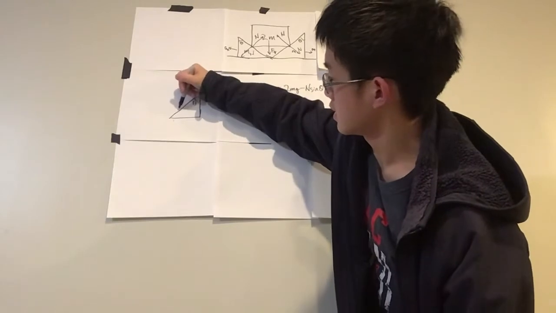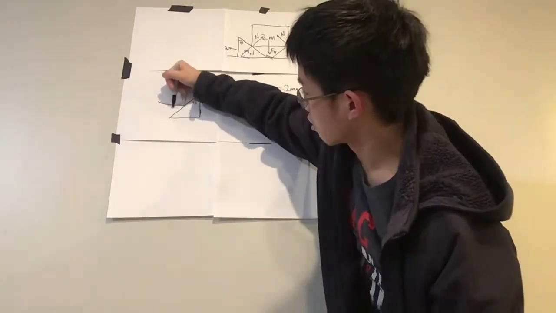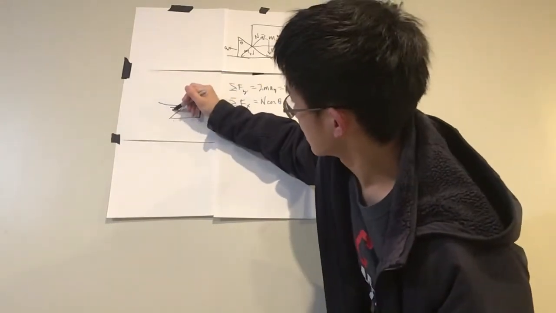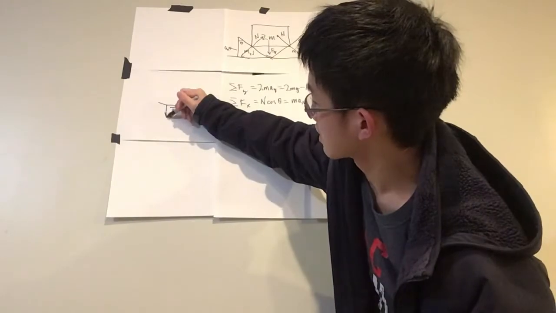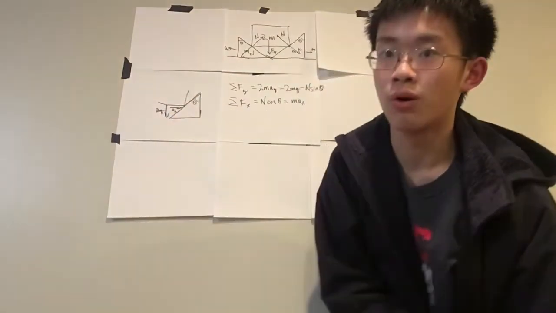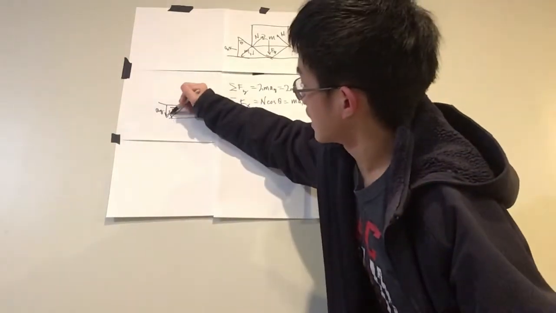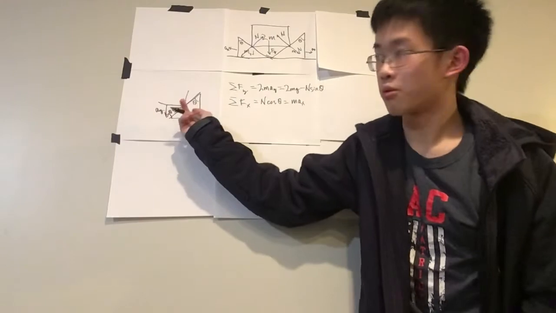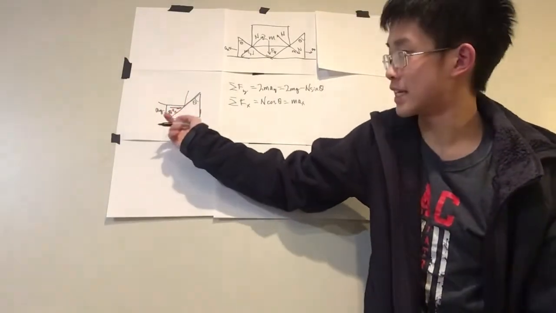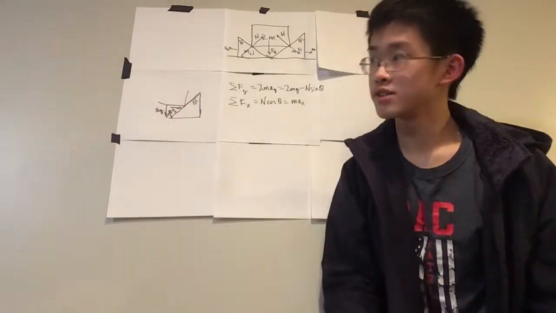When the wedge and the block are like this, we know that the wedge is accelerating this way with the acceleration of ax, and the block accelerating down with ay. We can note similar triangles and define that as theta. If the block is on top of the wedge, these two thetas have to be the same, because if they're not, then these triangles are not similar, and then something is off.